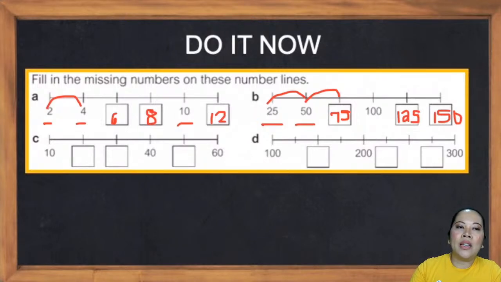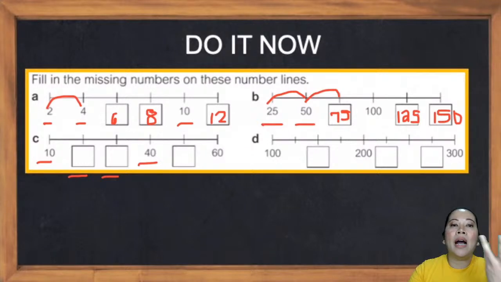Now for letter C, you would notice that this is 10, and then there are 2 boxes in between, and it is 40. So what number can you add to 10 so that when you divide it into parts, it would give you the different numbers here? So 40 here and 10, and there are 2 missing.